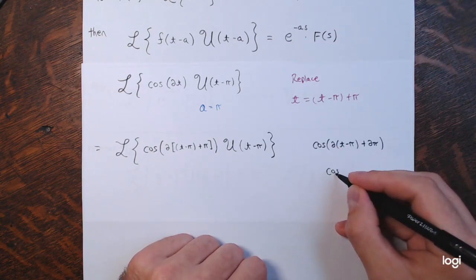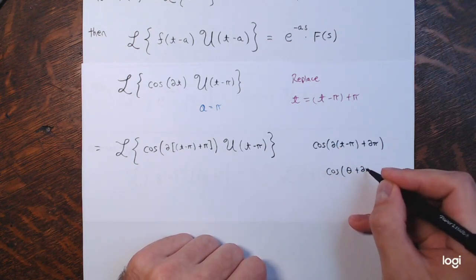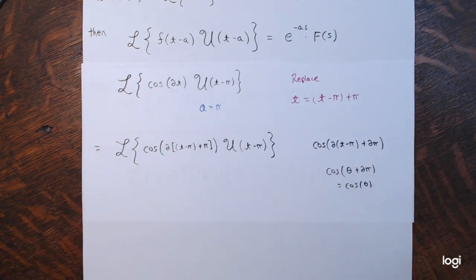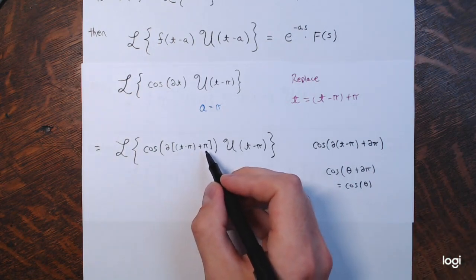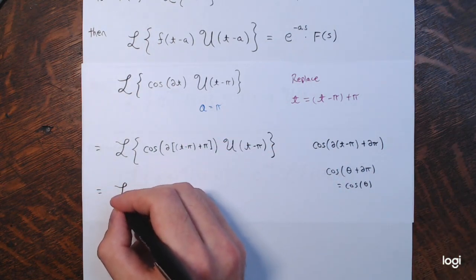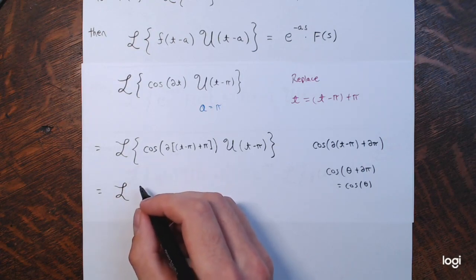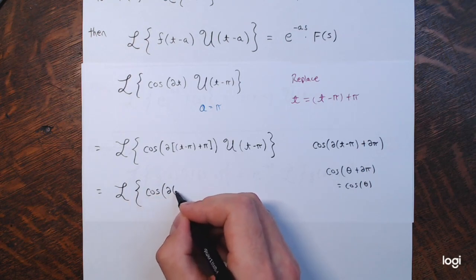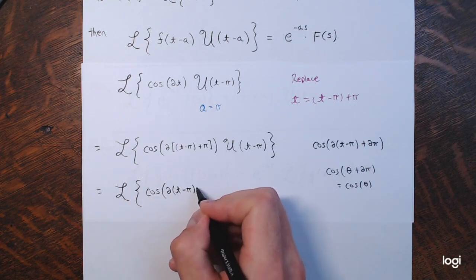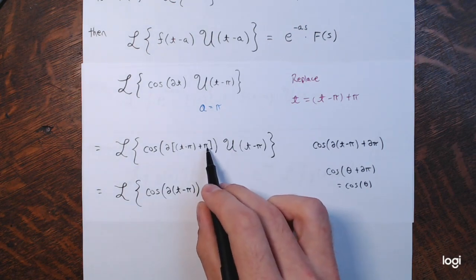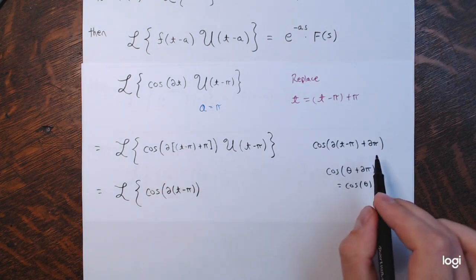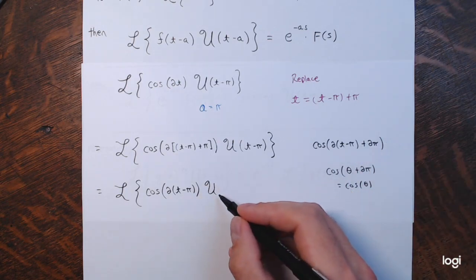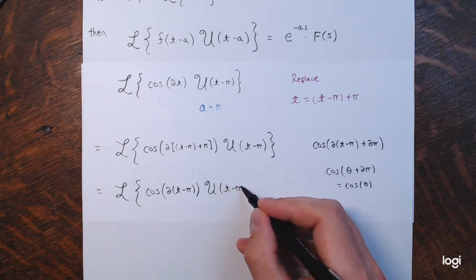Remember the cosine of theta plus 2 pi radians is just the cosine of theta, and that's the same thing for any trig function. So this can be simplified then to just the cosine of 2 times t minus pi, without the plus pi in there, because when you distribute the 2, you get plus 2 pi, and then I'll give you the same cosine. All right, then times the unit step function at t minus pi.